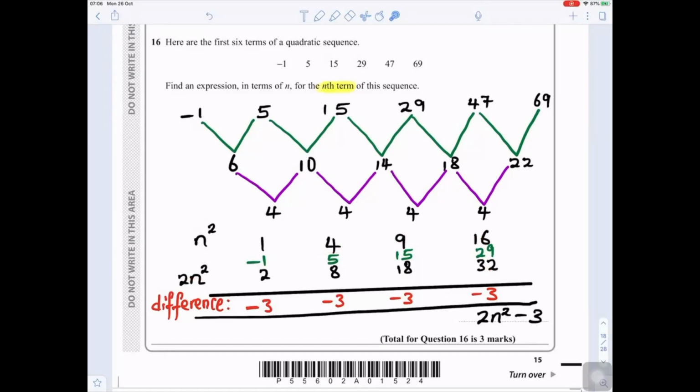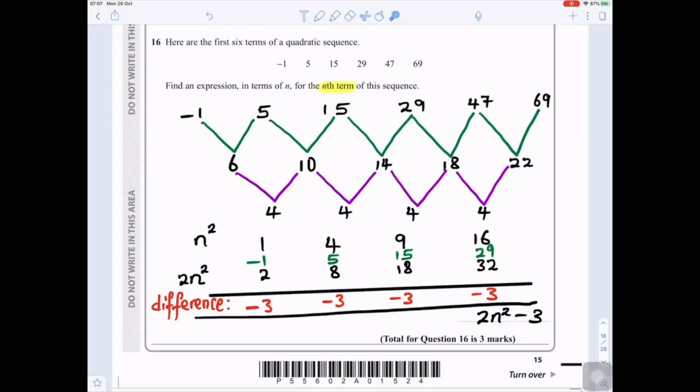Let's work out the difference between the original sequence, given in green there, and 2n squared. Minus 1 minus 2 is minus 3. 5 minus 8 is minus 3. 15 minus 18 is minus 3. 29 minus 32 is minus 3. The difference is all minus 3.